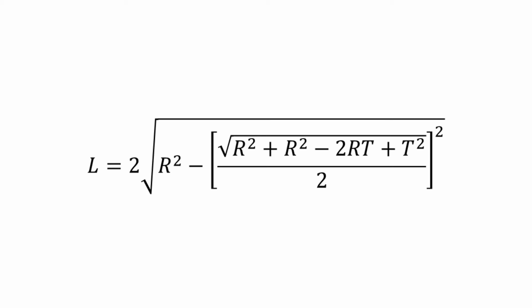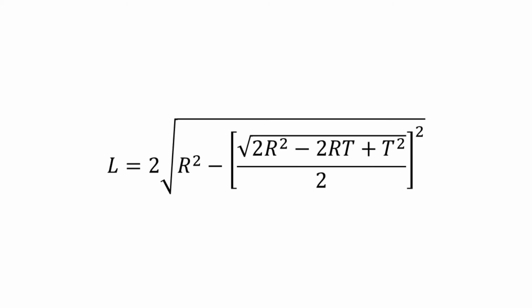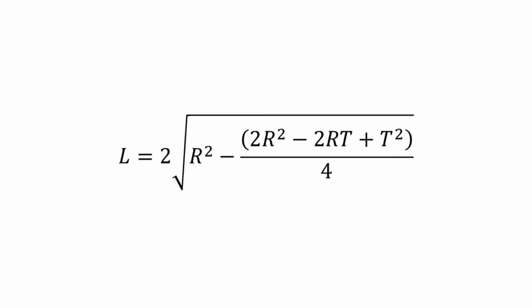So now you notice we have common r squareds, so we're going to clump those together. Then our next step is to square that. So that's going to leave us with 2r squared minus 2rt plus t squared over 4.